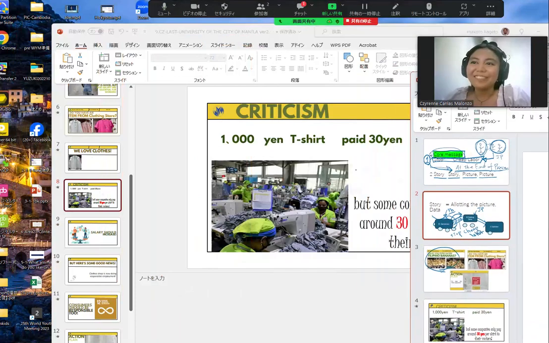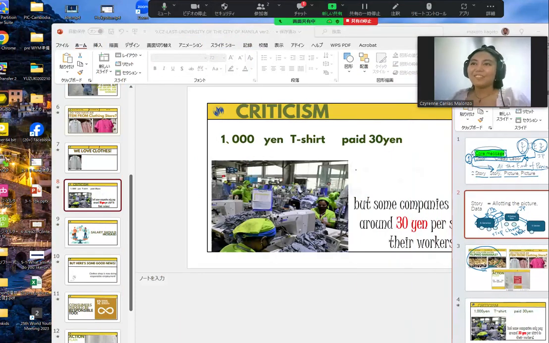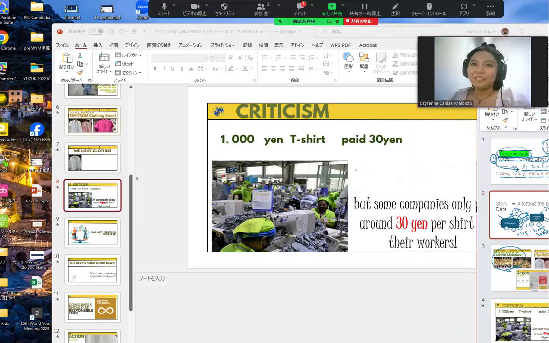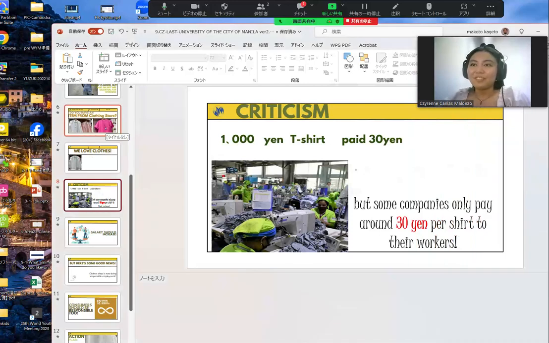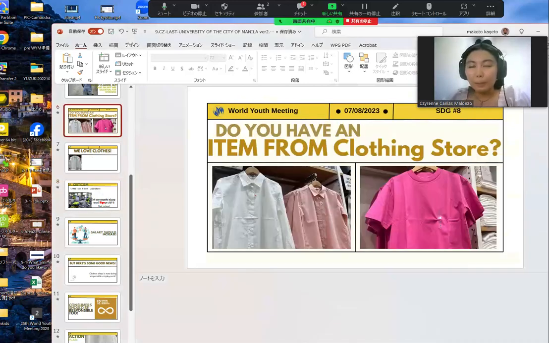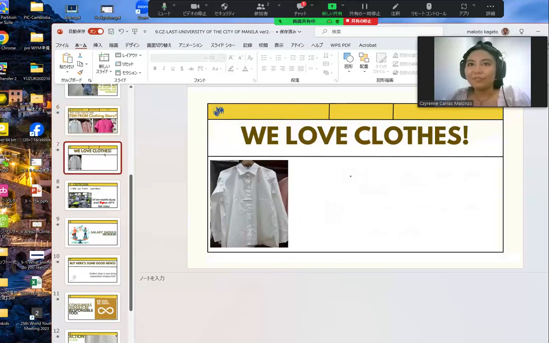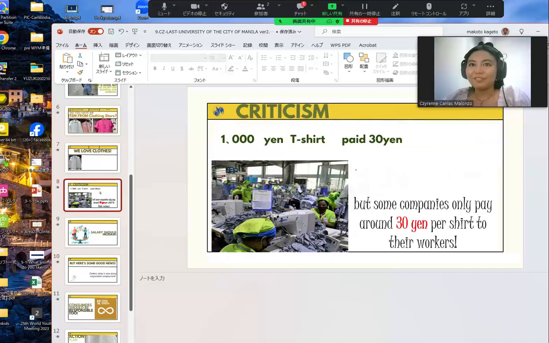To confirm, this is the main picture, and you use supportive pictures to deepen the theme and the story, to share the storyline.